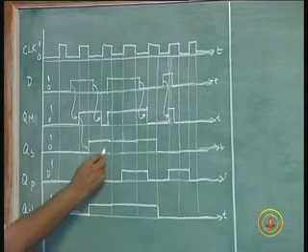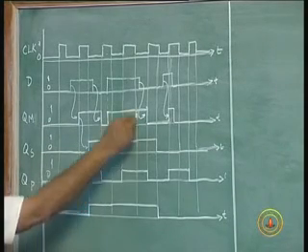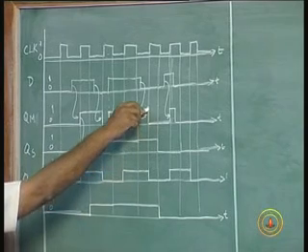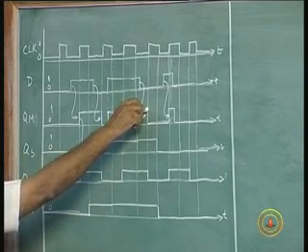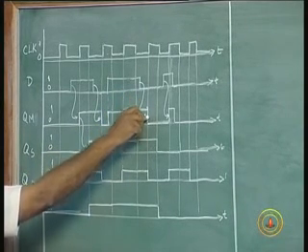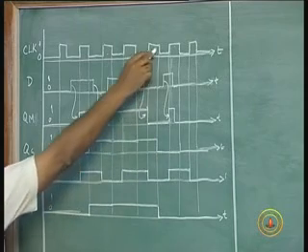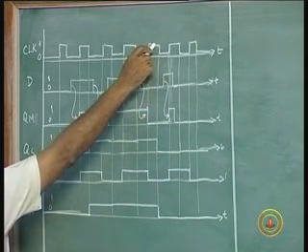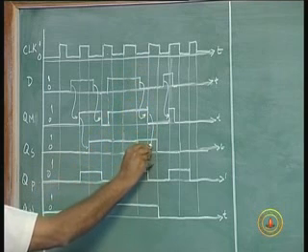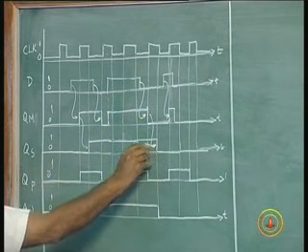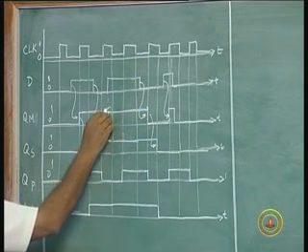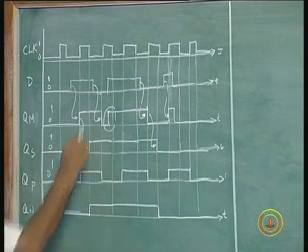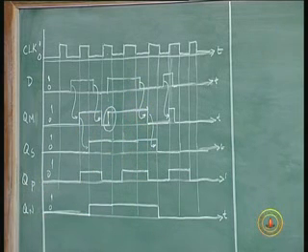So the output continues to be 1, and this output becoming 0, 1 to 0, will be reflected at the slave output at the next negative edge, or when the clock goes from 1 to 0. So this gets reflected here. This change is ignored. Is it not?